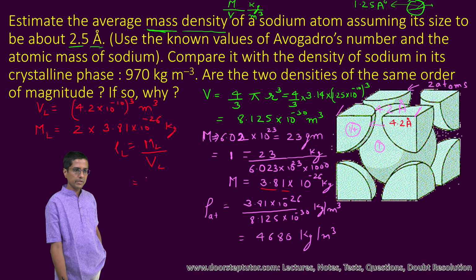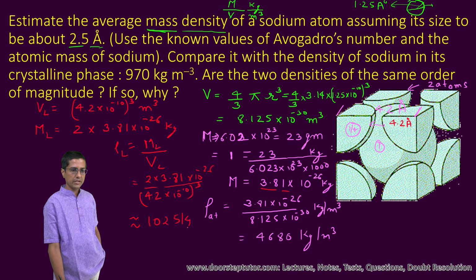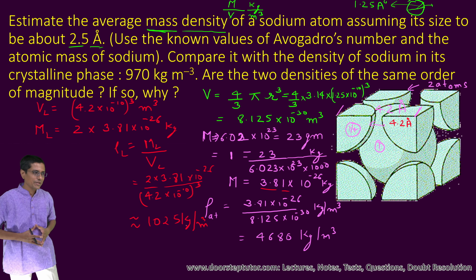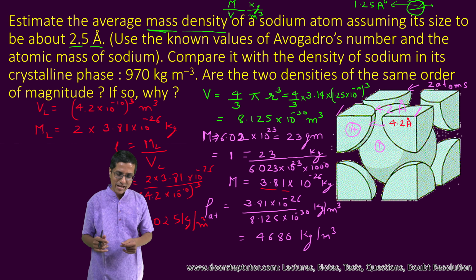So the mass will be 2 into 3.81 into 10 to the power of minus 26, divided by the volume, which is 4.2 into 10 to the power of minus 10, the whole cube. If you compute this, it will approximately come out to be 1025 kg per meter cube. Now we are very close to the real answer of 970. So the physics actually works. It's nothing surprising, but the physics should actually work.